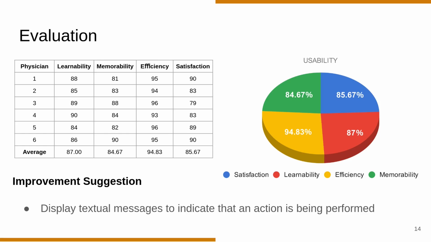We can see here that the lowest values for the aspects analyzed were 84 for learnability, 81 for memorability, 93 for efficiency, and 79 for satisfaction, with 87% approval for learnability, nearly 85% for memorability, 95% for efficiency, and finally approximately 86% for satisfaction.